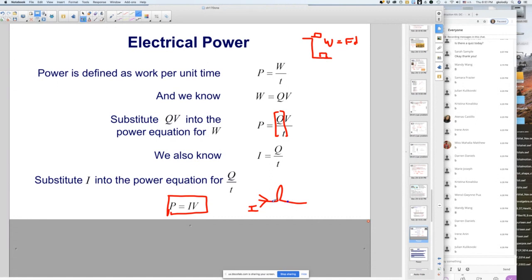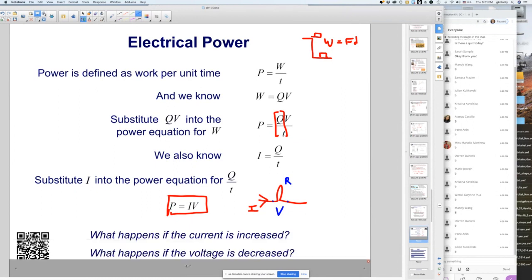There's a voltage, which means the current does work as it goes across the light bulb. That's why we say this is also a resistor. So one way to find the power utilized by this light bulb is to multiply the current running through the light bulb by the voltage across the light bulb. Now there's a couple of different ways you can calculate the power in an accessory like this.